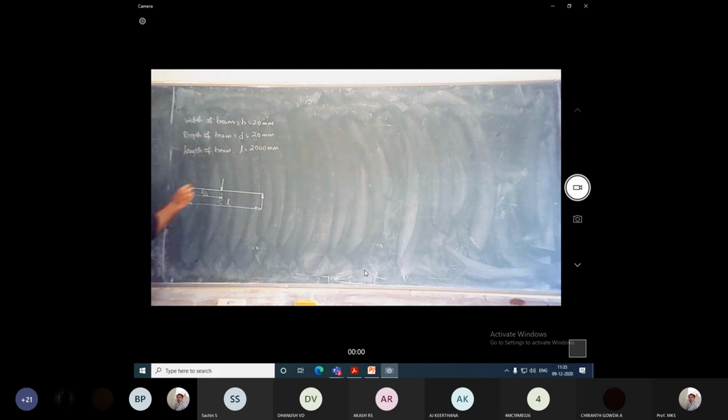So the load acted, how much is it? It is 400 Newton. So load W is 400 Newton. So this is the first part of the problem.